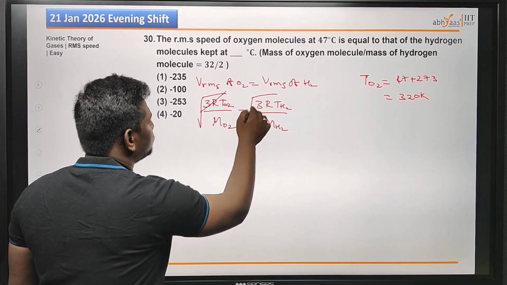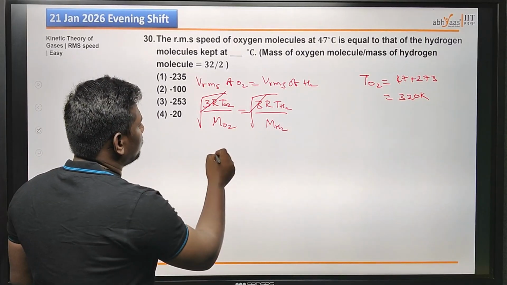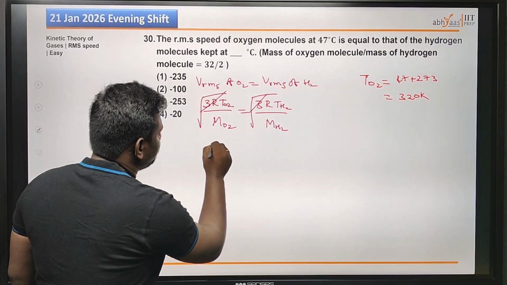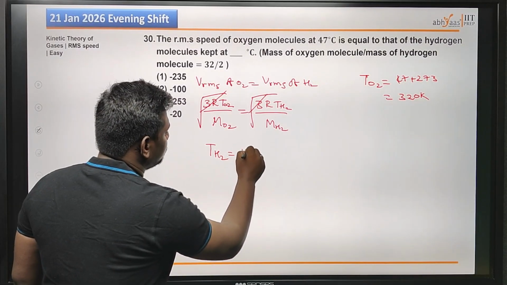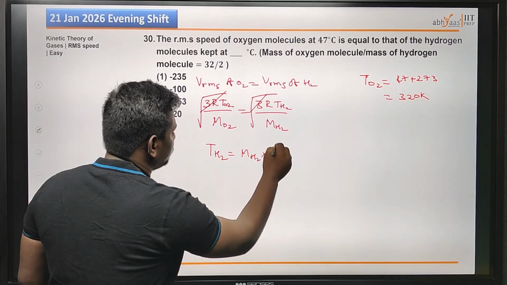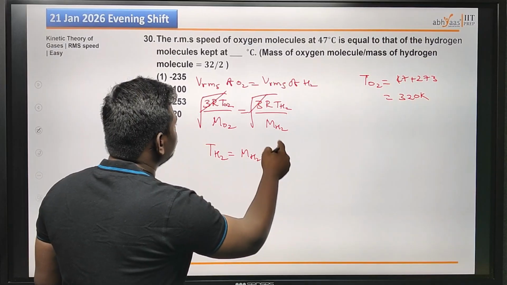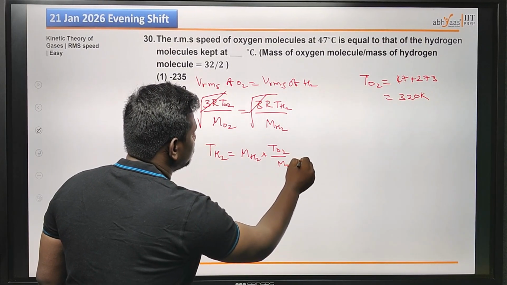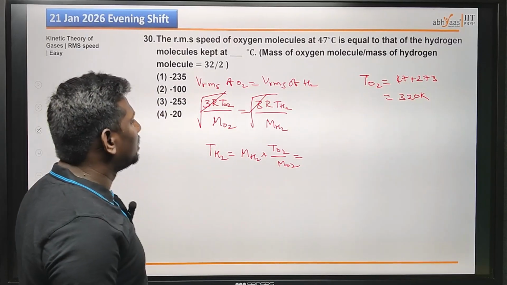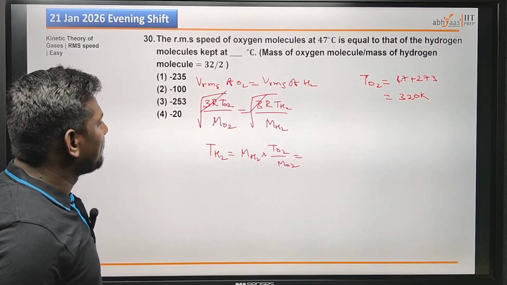If we cancel these two, what remains is: temperature of H2 is equal to mass of H2 into temperature of O2 by mass of O2. If you substitute the values, you will get the answer.